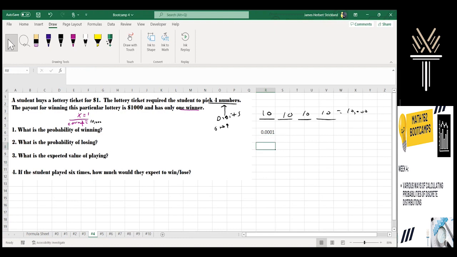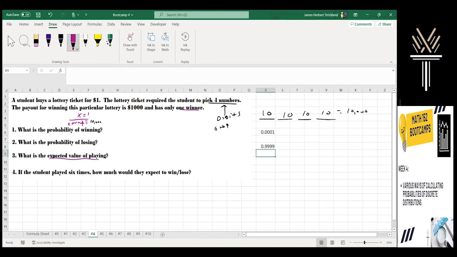Well, losing simply means not winning. So we could do the complement method to get losing, 1 minus winning, right? And so if there's a 0.0001 chance of winning, then there's a 0.9999 chance of losing, which means you're almost guaranteed to lose. And so expected value of winning, be very careful here.